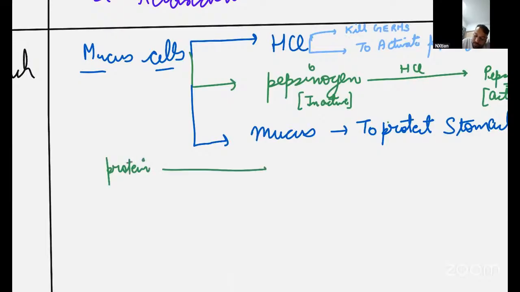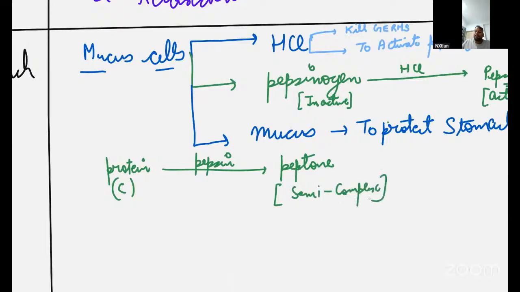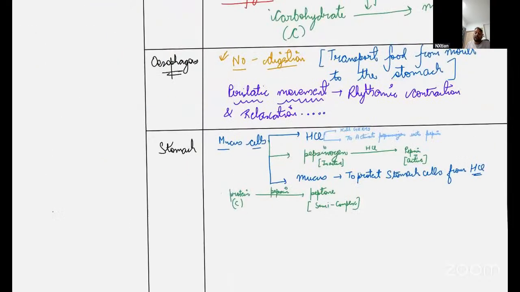I will write C here because it's a complex food, and pepsin will work on it to convert it into peptones. And this is semi complex, which means pepsin will not fully convert it into simple form. Still, peptones are not absorbable.